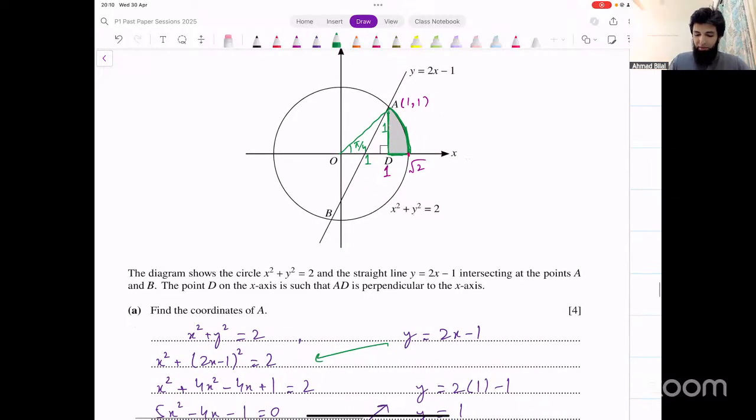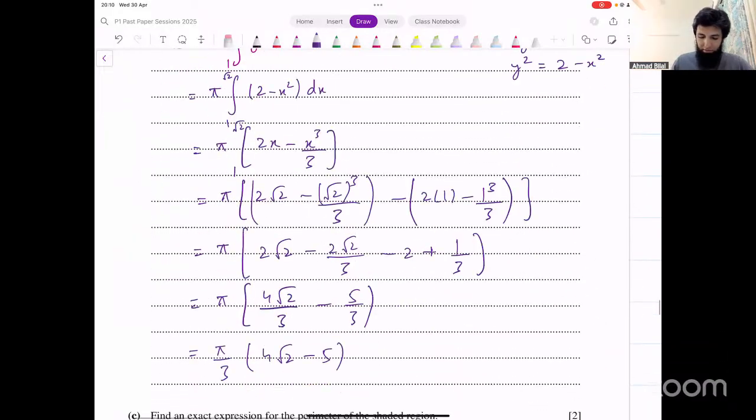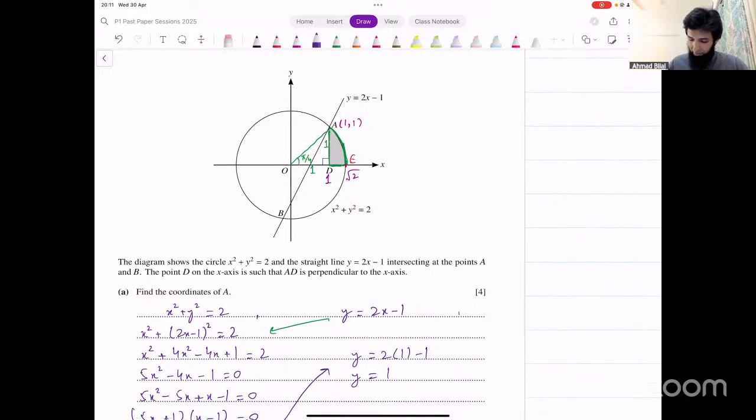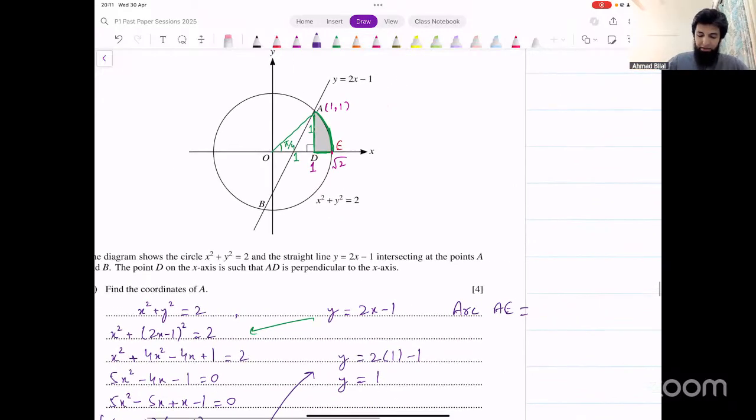Let's do that. Let's call this point E. Arc AE. I'll do this working here and then copy that below. Arc AE length is r theta. Radius is under root 2 into the angle, that is pi over 4. So the arc would be under root 2 into pi over 4. And the other two lengths, one of them is 1 and the other is under root 2 minus 1.